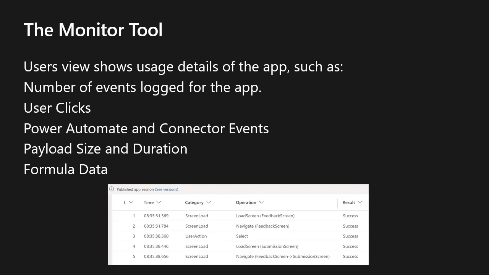You can also review connections with Power Automate or data source connections directly, so you could see the payloads that are being sent across, as well as how long the payload took. You could see each formula that's being used, and how those are being invoked by the different connectors or by a user action.